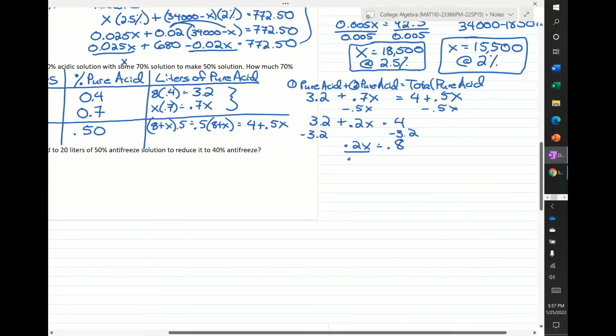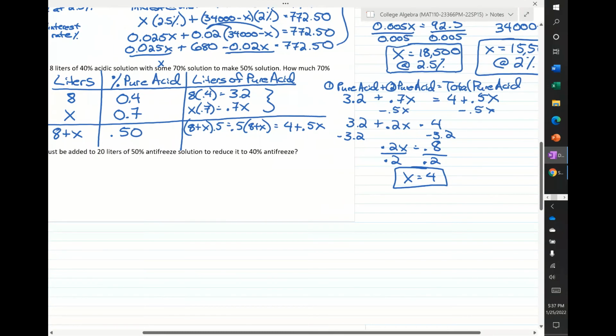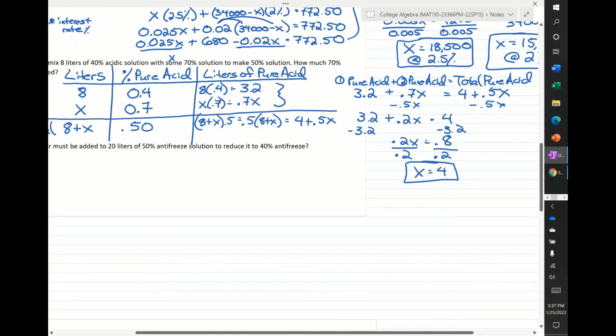We divide both sides by 0.2. We get x is equal to 4. And remember what x was. X was the amount of solution 2. So if we use the chart to get organized, that's what we want to do.